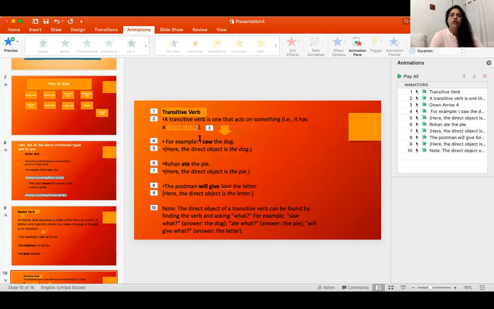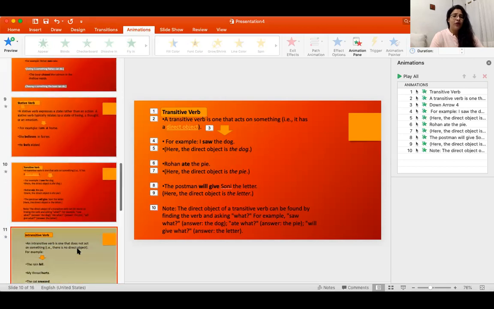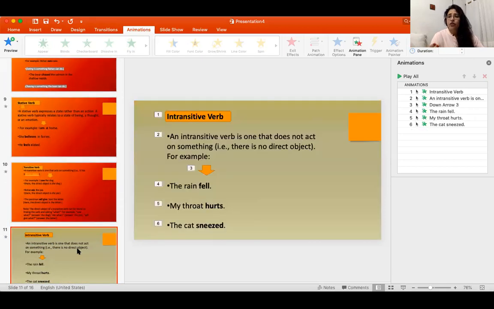Next comes transitive, where a subject has a direct object, and where you identify the verb and question it, asking what, where the action is moving from the subject to an object. Then comes the intransitive verb, which is quite the opposite of transitive, where we do not have a direct object.